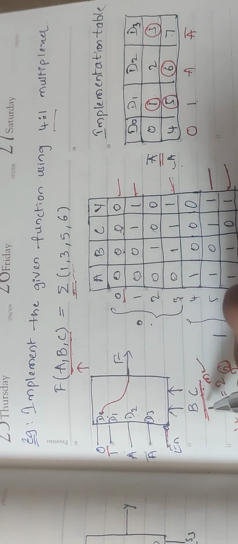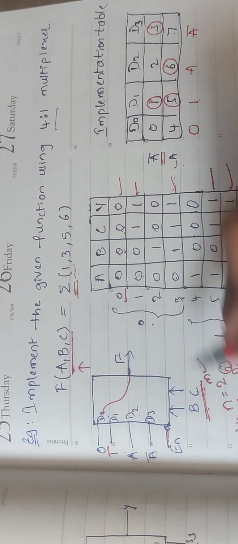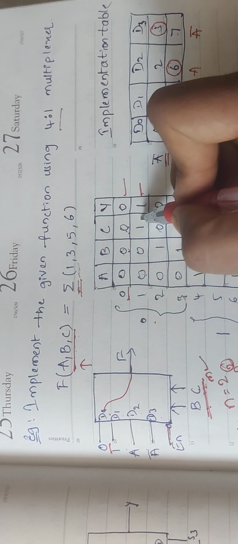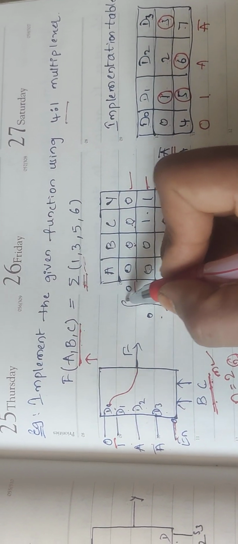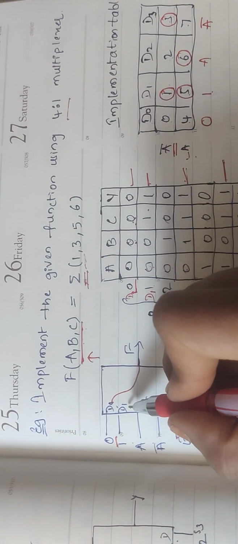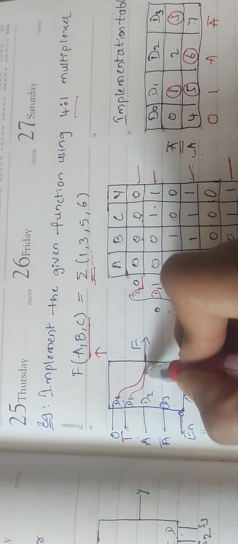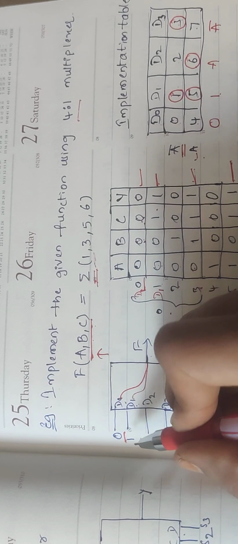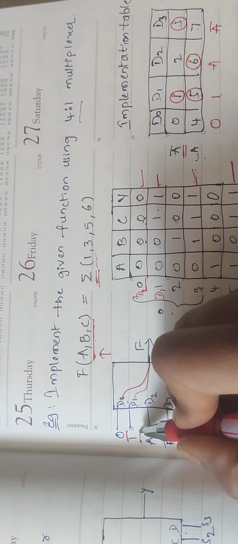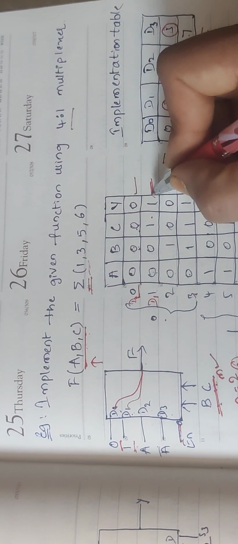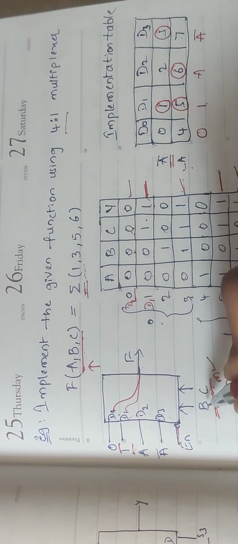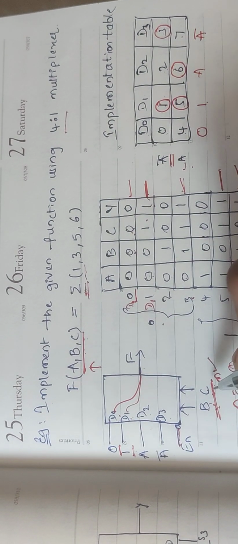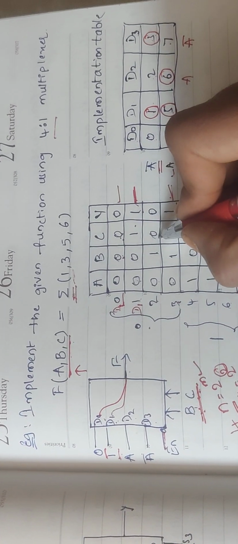Now the value of B is 0 and C is 1. Then this is D1, this is D0. Then D1 is connected to the output, and the value of D1 is 1. 1 is in the Y column. Now the value of B is 1, C is 0.